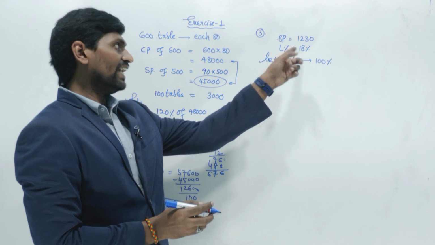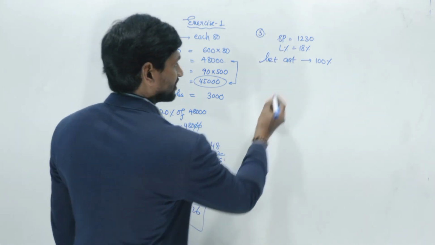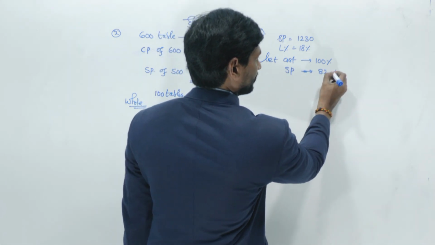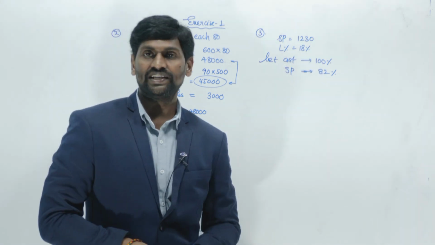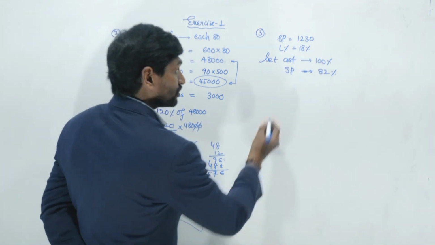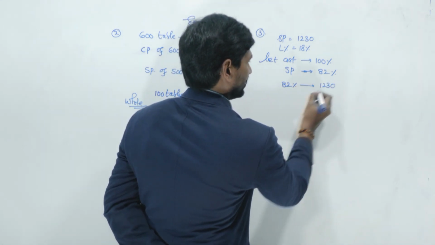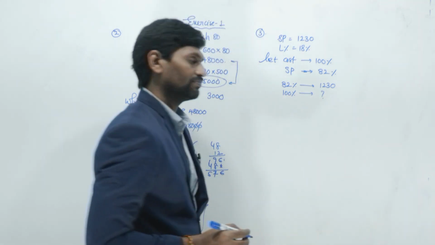If 18% is loss, then the selling price will be 82%. Am I right? 100 minus 18 is 82. And we know that 82% cost is 1230. Then 100% cost how much?